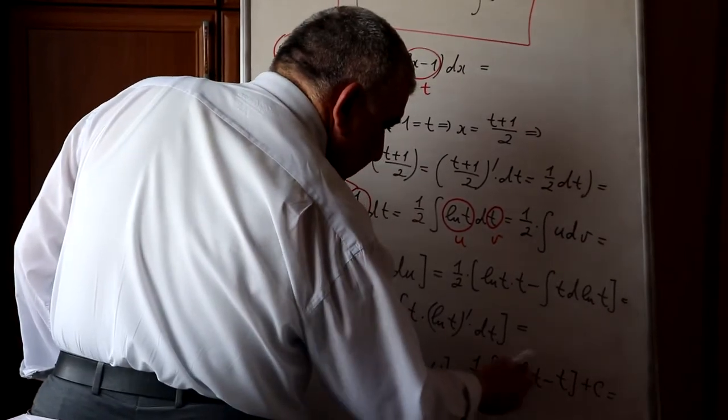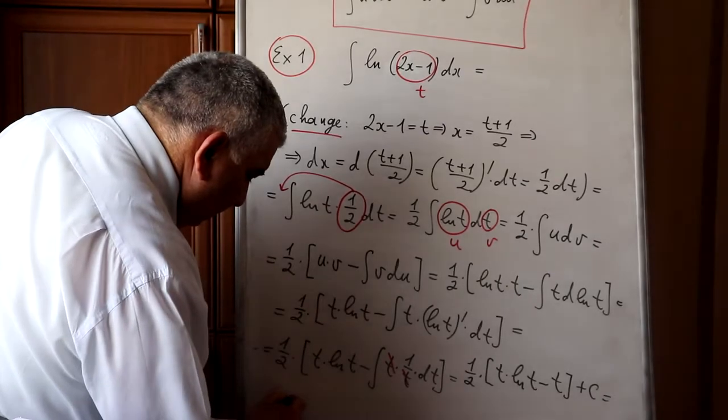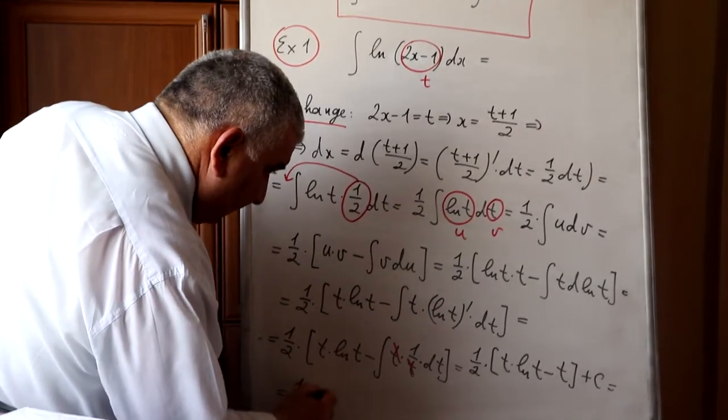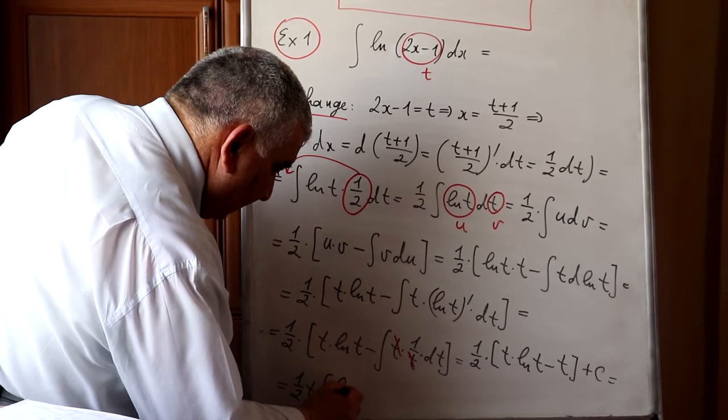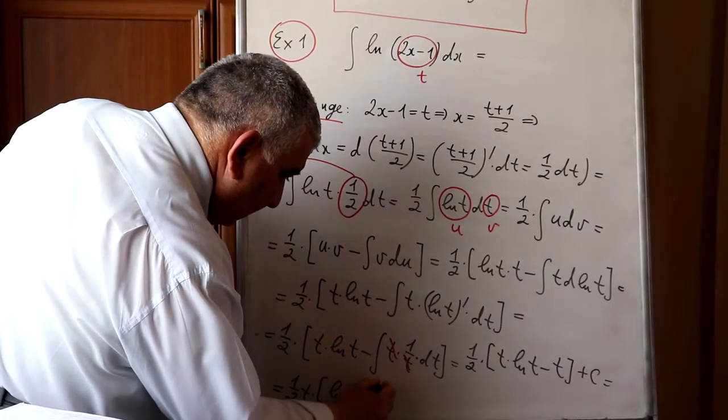Then we can take t out of the brackets. Then we have 1 second t multiplied by natural logarithm of t minus 1 plus c.